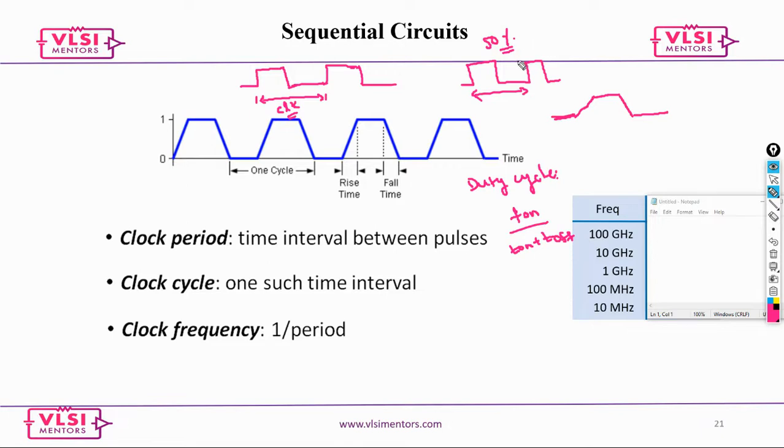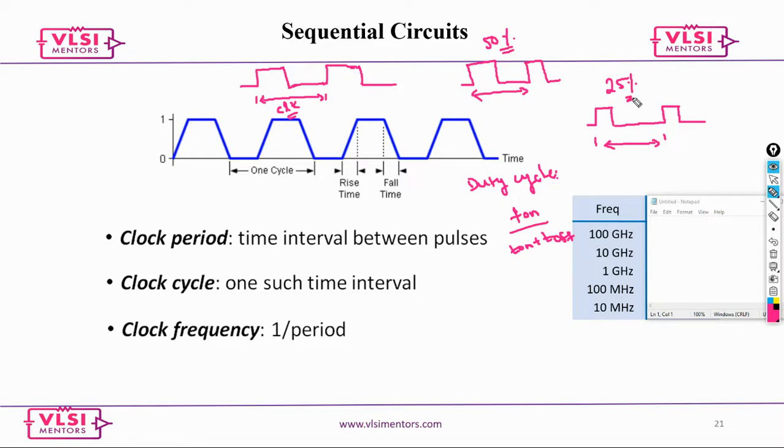Now, if you look at this, it would be something like a 25% duty cycle.